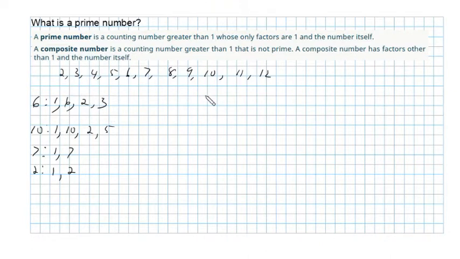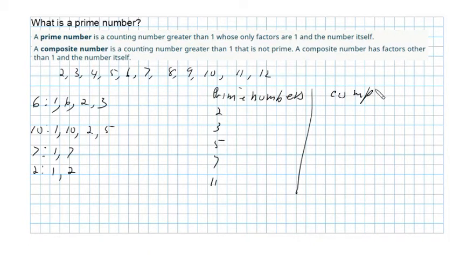So here the prime numbers are 2, 3, 5, 7, and 11. And the composite numbers would be 4, 6, 8, 9, 10, and 12.